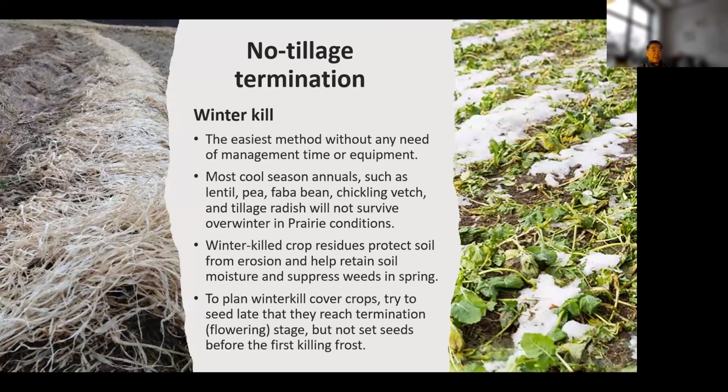Another no-till termination is winter kill. This is the easiest method without any need of management time or equipment. You set it over there, and the frost would kill the plants.